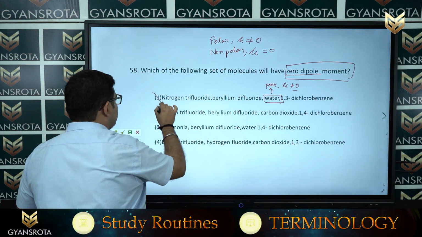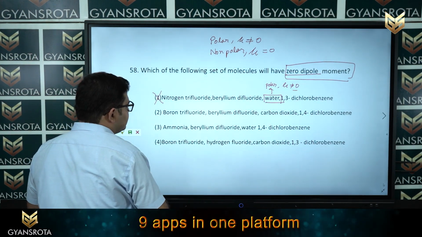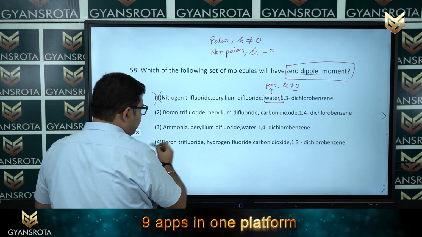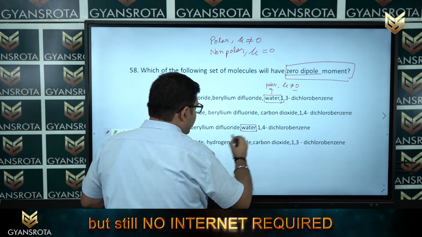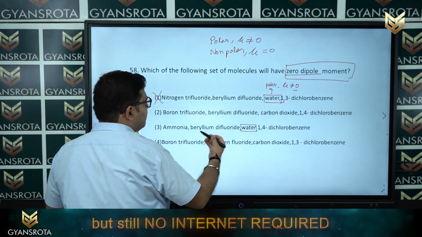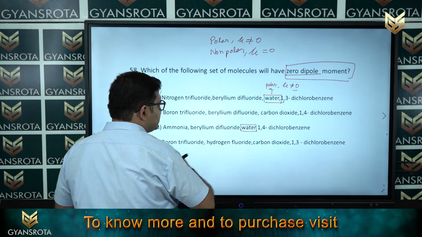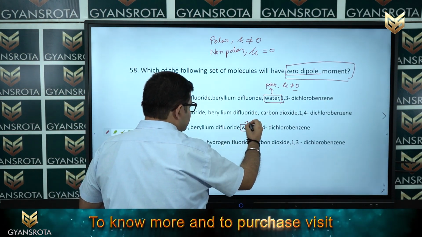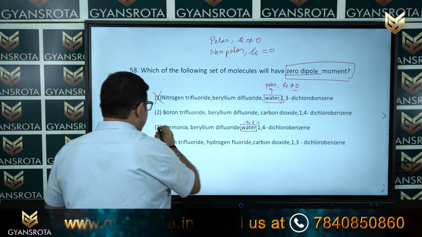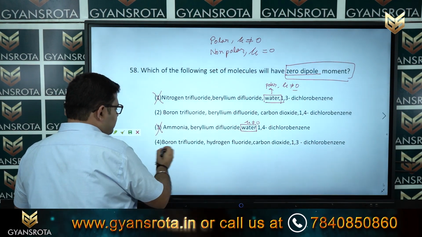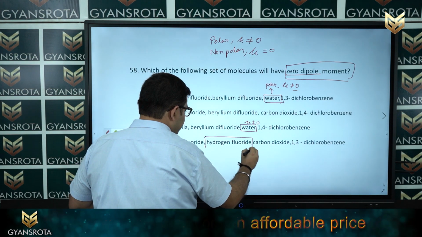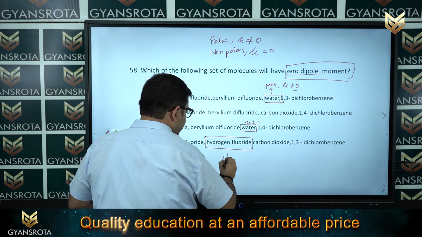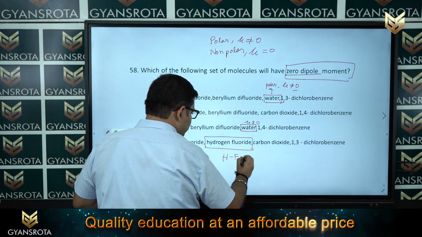So, option number 1 is not your correct answer. Now, in option number 3, water again is a polar molecule, so your dipole moment value is not equal to 0. So, this is also not your correct answer. Now, in option number 4, you have hydrogen fluoride, HF, which is again a polar molecule.